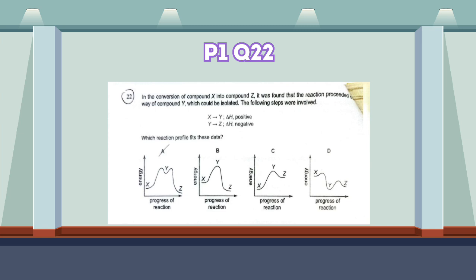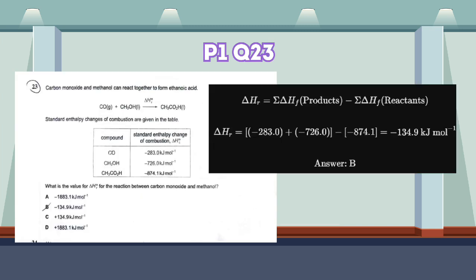And then the next question is paper 1, question 22. In the conversion of compound X into compound Z, it was found that the reaction proceeded by way of compound Y, which could be isolated. The following steps were involved. For X to Y, delta H positive means endothermic, and for Y to Z, delta H negative means exothermic, and the answer is A. And then the next question is from paper 1, question 23.